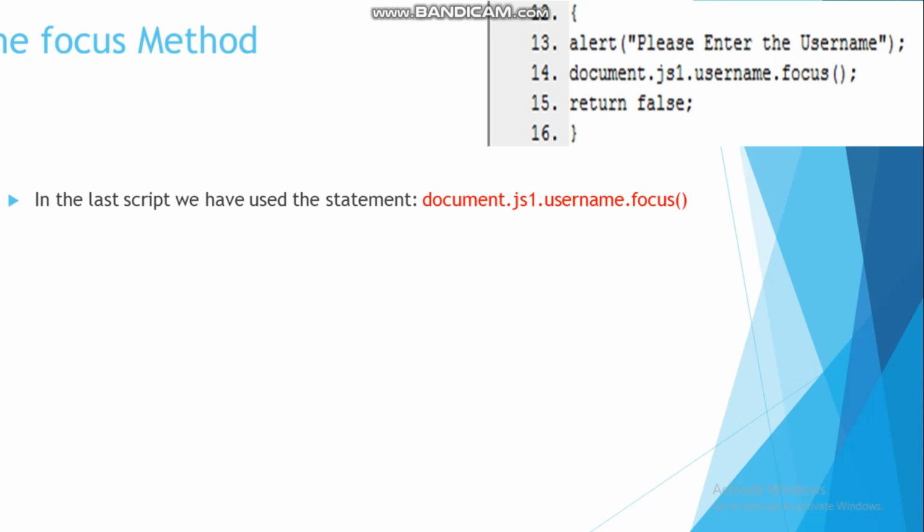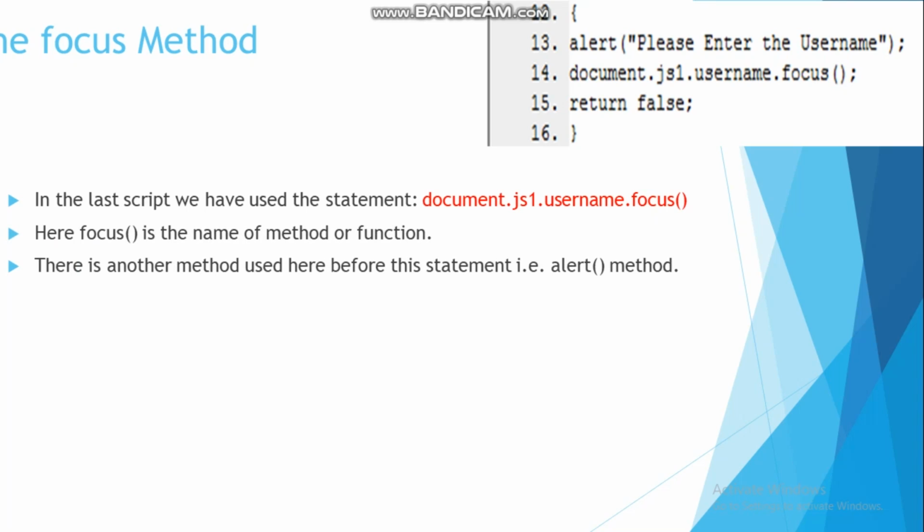Username is a text box inside js1 form, and .focus lets the cursor go to particular text box. So here focus is the name of method or function. There is also an event named focus, but here this is function.